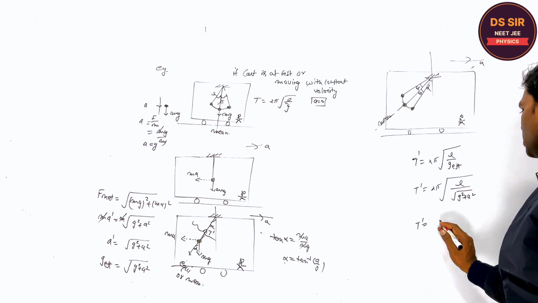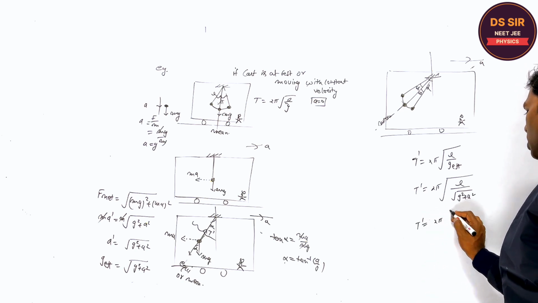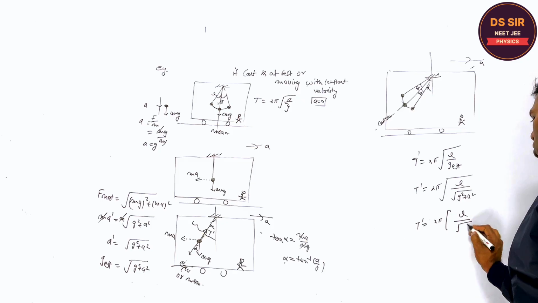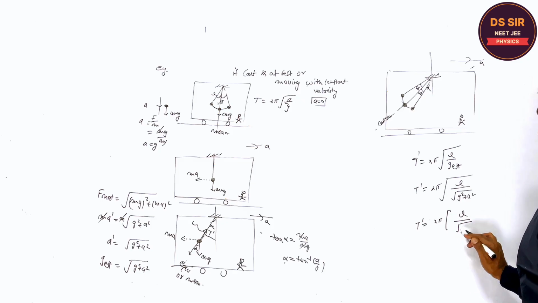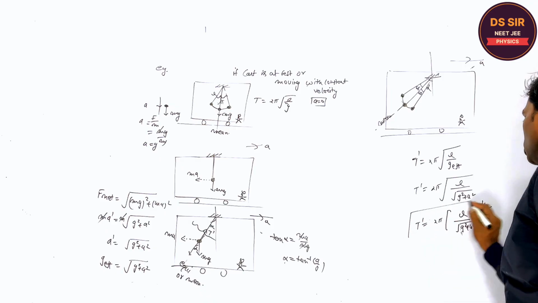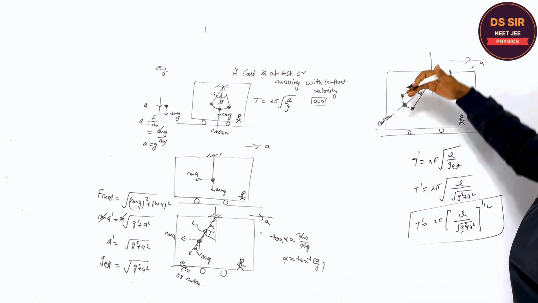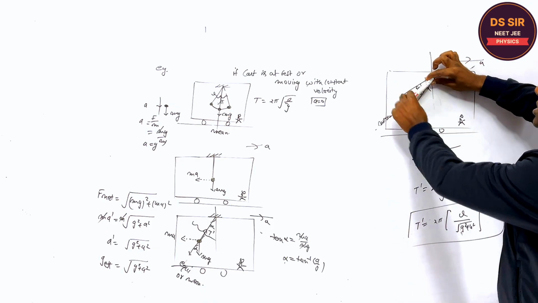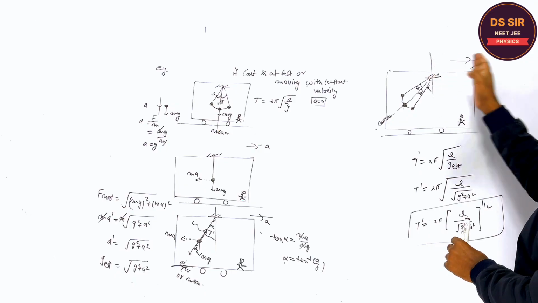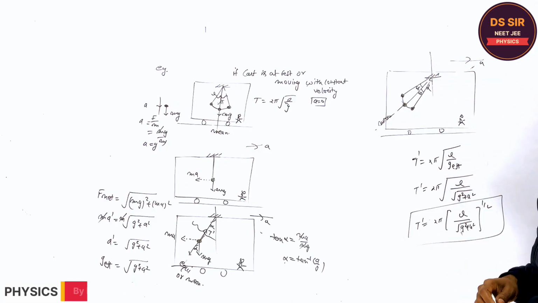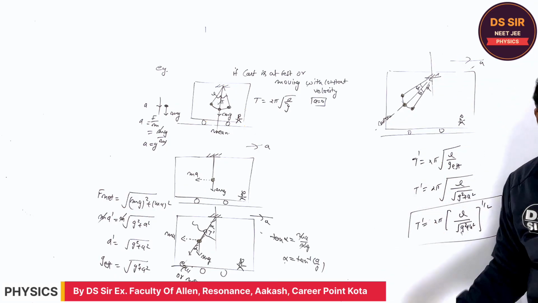It may be written as T is equal to 2 pi root L upon (g square plus a square) raised to the power 1 by 4. So this is the time period of the oscillation of the simple pendulum in the car if it is accelerating with acceleration a. Copy this.